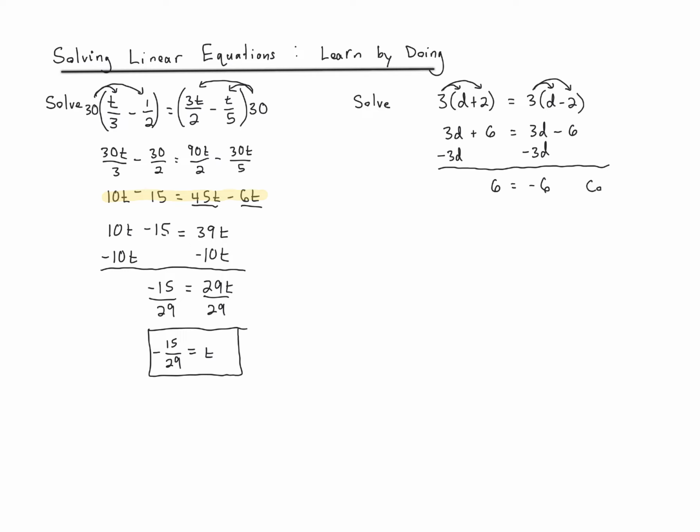We call it a contradiction because 6 definitely does not equal negative 6. And what's the conclusion we come to when we're solving an equation and we end up with a contradiction in the end? We say there is no solution.